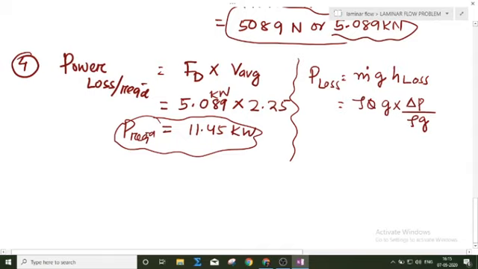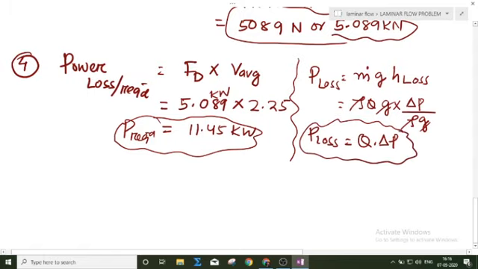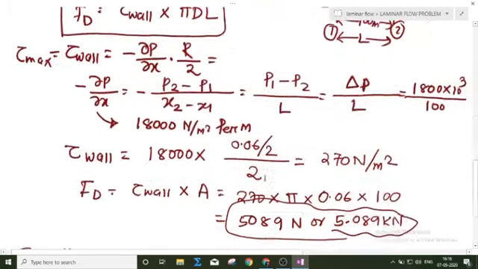So the density is gone. So the power loss formula is now power loss equal to Q into del p. By this formula also you can find out the power. Same it will come.